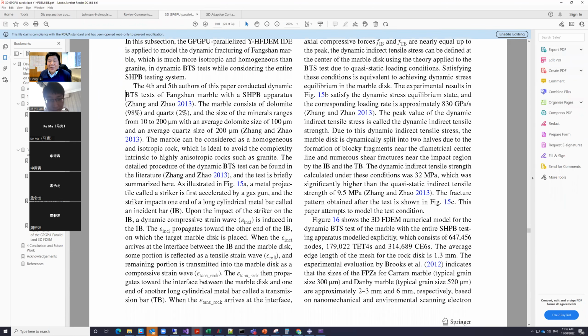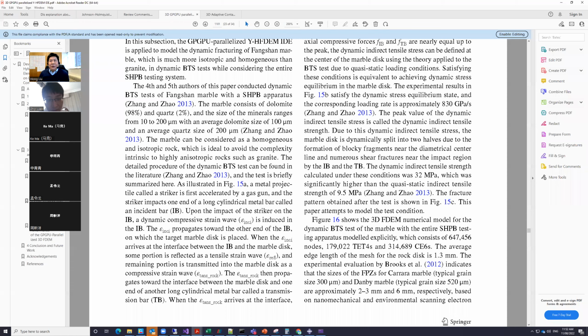Yeah, for us to determine the elastic modulus, they provide the elastic modulus for the static test, but for the dynamic test, they are unable to give us the dynamic elastic modulus.